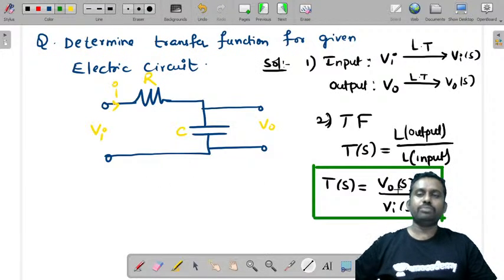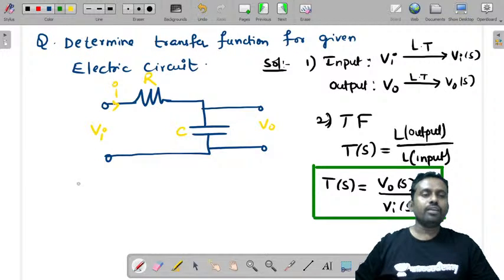We need to find expressions for both V output and V input. This can be done in two ways. One is, you can convert the total network first into the Laplace domain and then start writing the equations. Or second, you can write the differential or integro-differential equations corresponding to this, and then apply the Laplace transform.